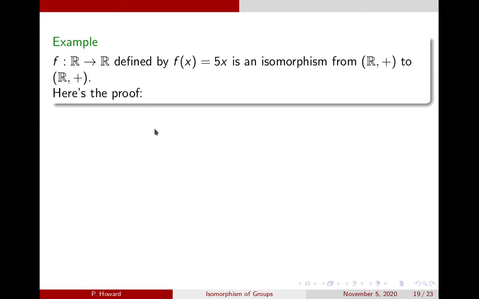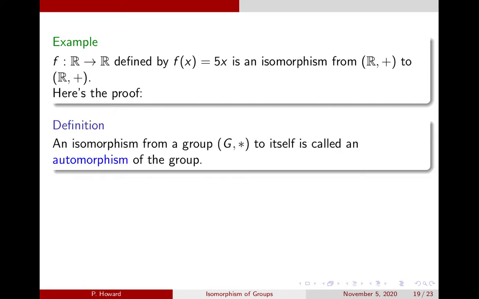Here's a case where I wanted to make a few remarks first. A definition: an isomorphism from a group G, star to itself is called an automorphism of the group G. Just a little bit of terminology that we will use from time to time.